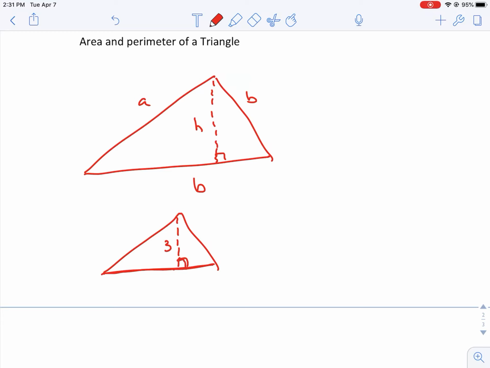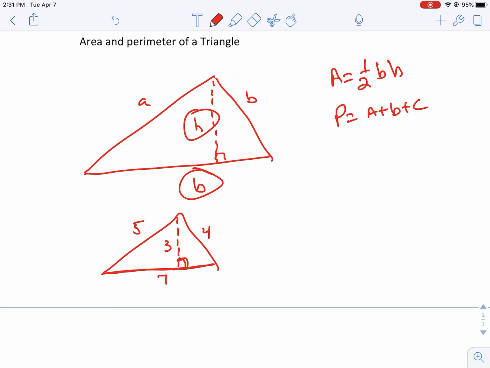Let's say the base, remember the base is where the height comes to. So the height comes down to that right angle mark. So let's call this 7. Let's call this 4 and this 5. So the area of a triangle equals 1/2 the base times the height. Okay? And the perimeter is just all 3 sides, A plus B plus C.